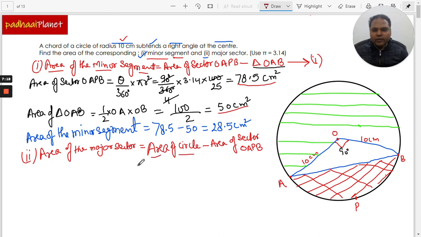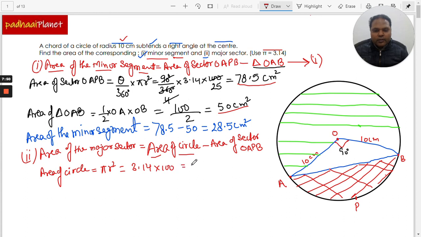So area of the circle we already know. That's pi r square, right? Let me just write down the formula here first so that it becomes easy for you. Pi r square is equal to pi, meaning 3.14, because that's the value given in this question, multiplied by 100.